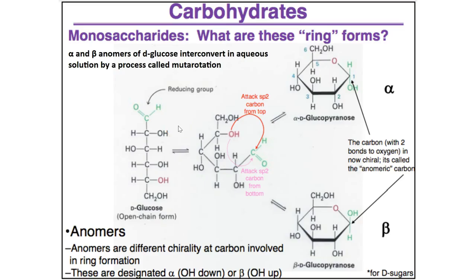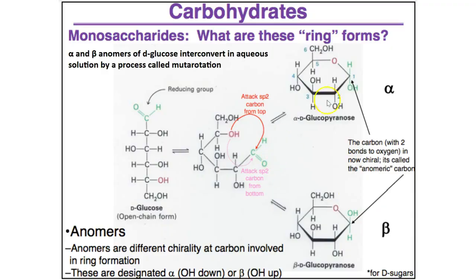And so when we see the structure of a ring within carbohydrates, in aqueous solution it actually opens and closes. This is what we call mutarotation.